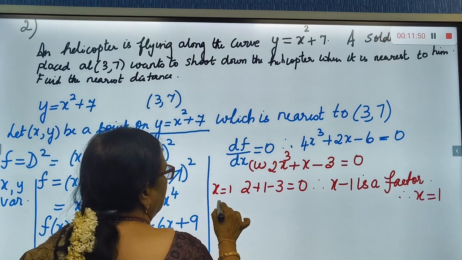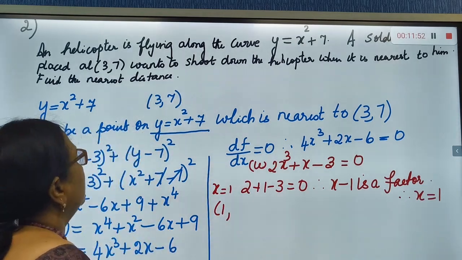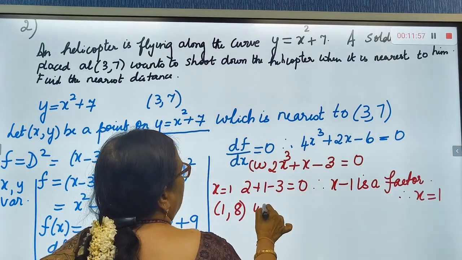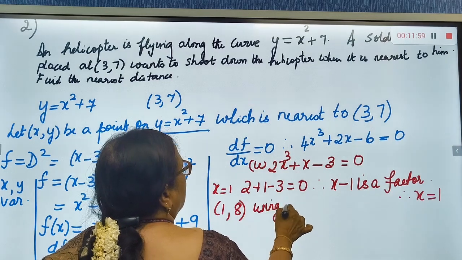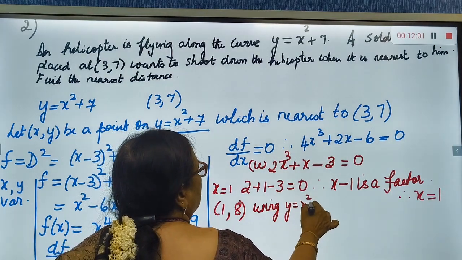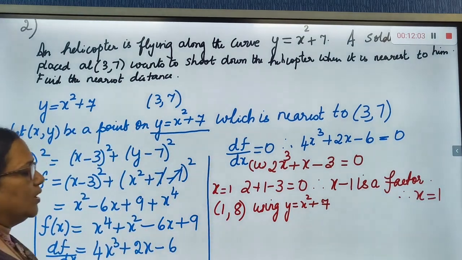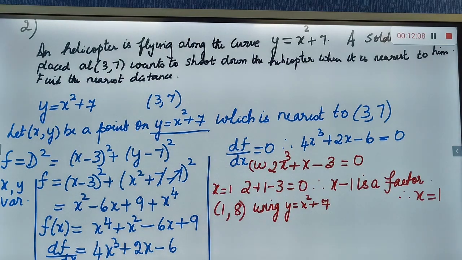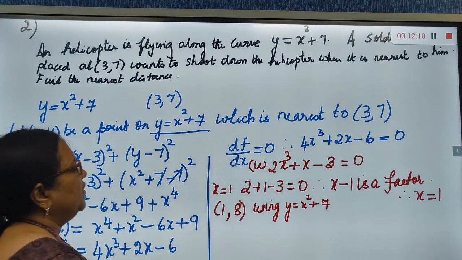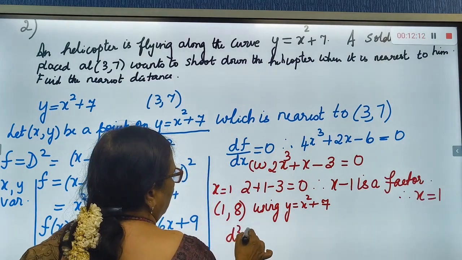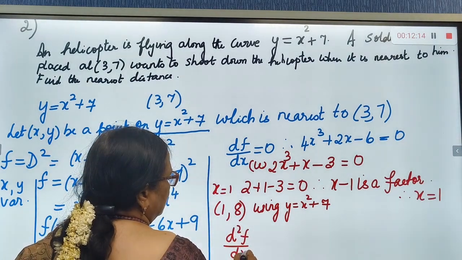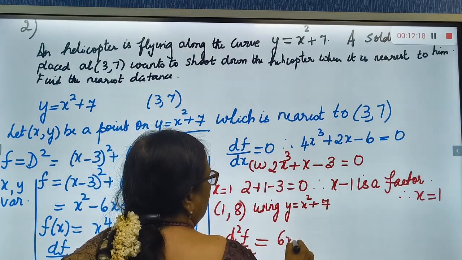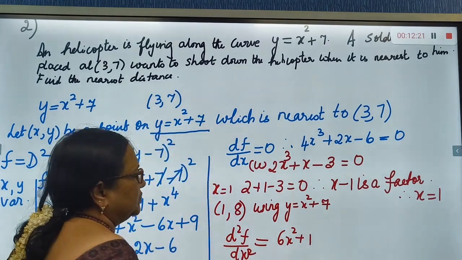When x is 1, what is y? Using y is x square plus 7, when x is 1, y is 8. Is this the point which is closest to 3, 7? How can we check? We have to look at d square f by dx square, which will be 12x square plus 2.